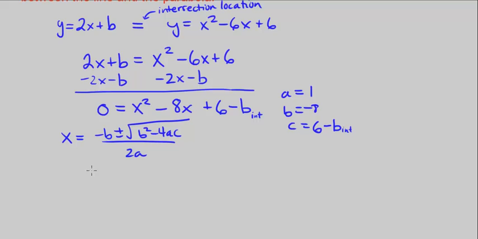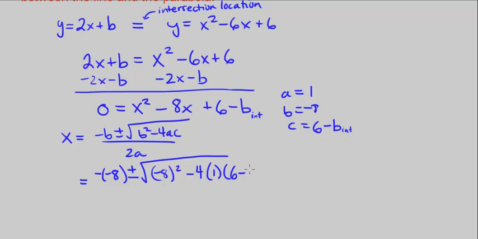Okay, so let's plug that in. Negative b means negative of negative 8, plus or minus square root of b squared, so that's negative 8 squared, minus 4ac, so minus 4 times a is 1 times c is 6 minus b.